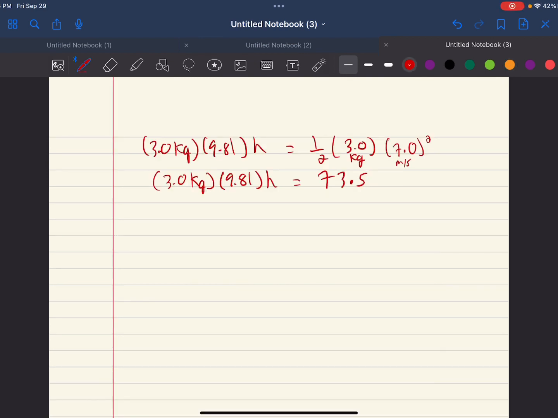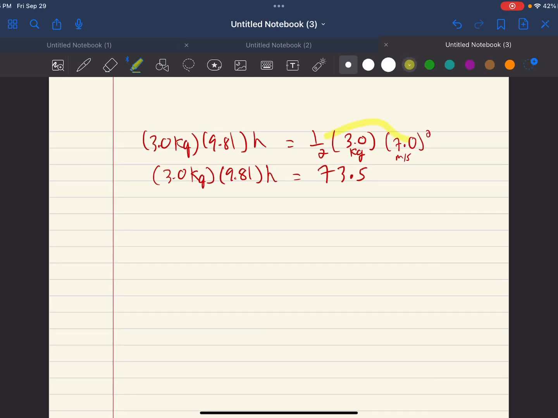So I rewrote this over here, and that gives me 73.5. So I just computed this side of the equation to simplify my calculations. Now I'm going to divide each side by 3.0 multiplied by 9.81 in order to get it to the other side.